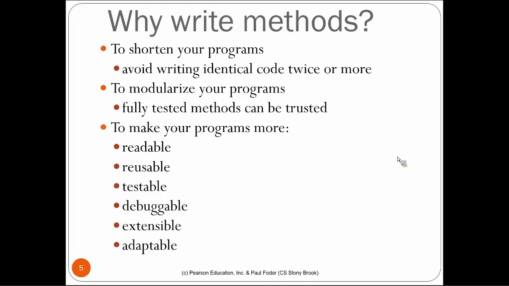That way, it's only written once, and if it needs to be changed, maintained, corrected, or debugged, we only do it once. It also will make your program more modular. Basically, we can test methods independently, and once we have fully tested those methods for all the input values, we don't need to trace those methods.